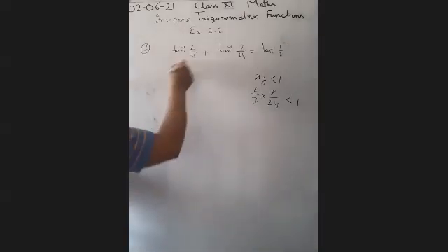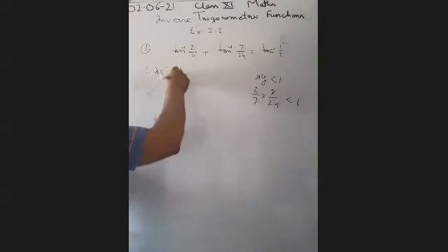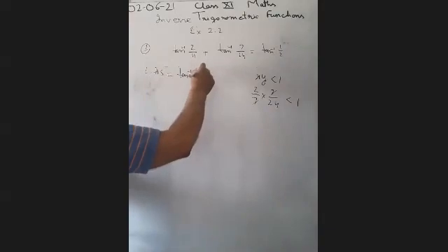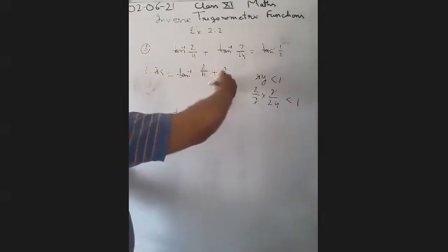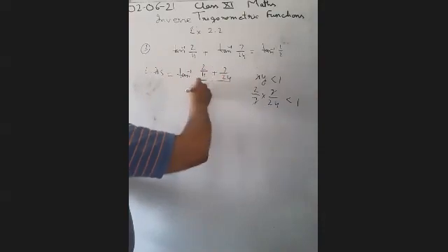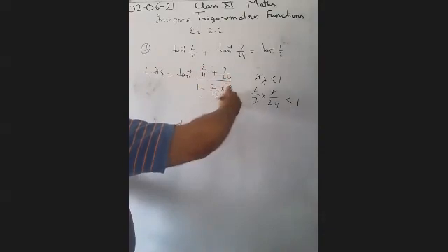We are taking the left hand side, and in the left hand side we are applying this formula. It will be equal to tan inverse of 2 upon 11 plus 7 upon 24, divided by 1 minus 2 upon 11 into 7 upon 24.